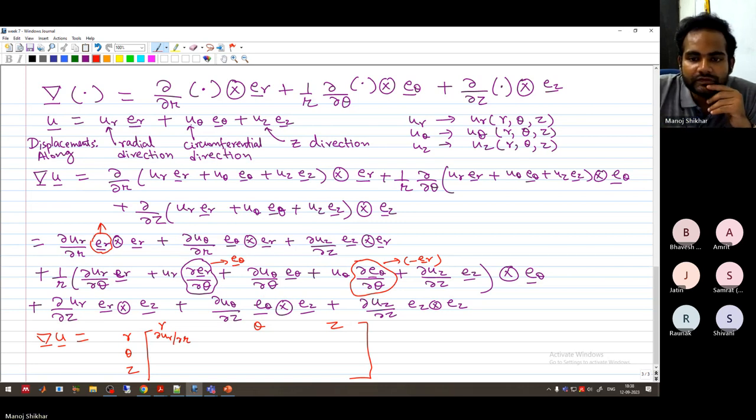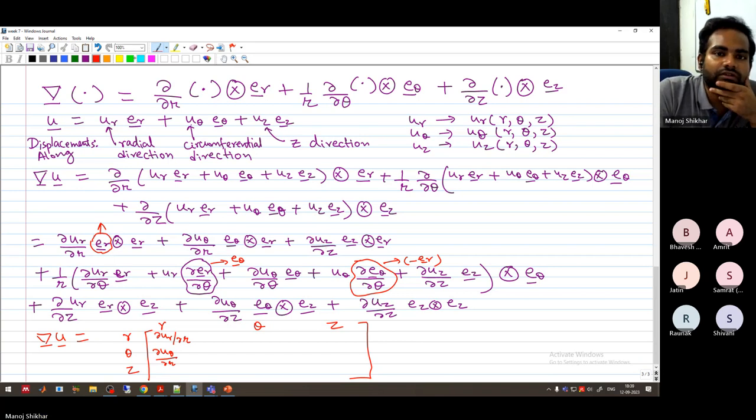They will go to the second row, the theta row, and the column for R. So here it should be del U theta by del R. And del UZ, where is it? I made a mistake here. It should be del UZ by del R, so it will go here.